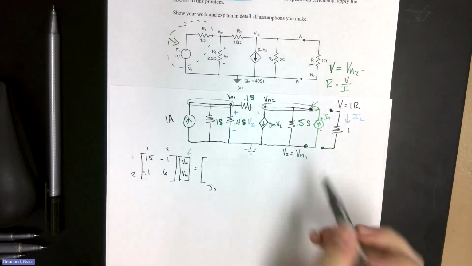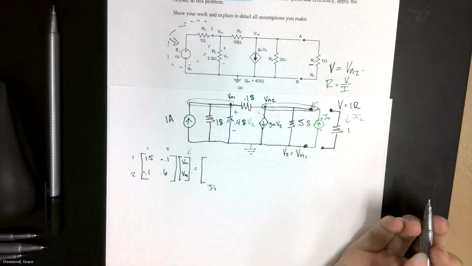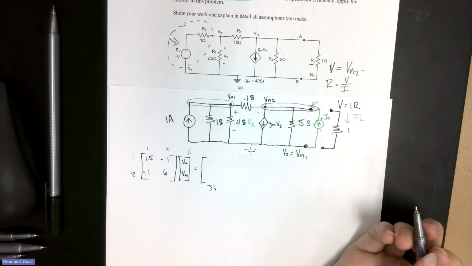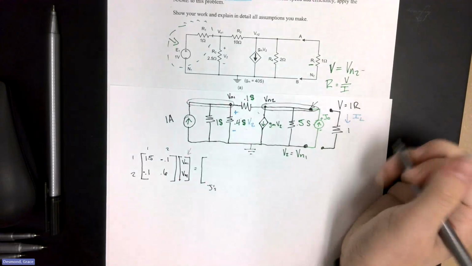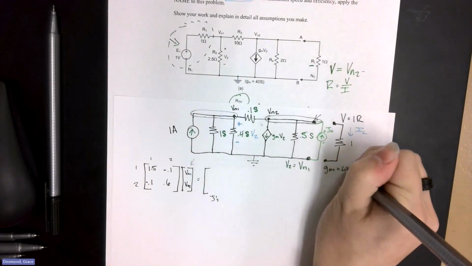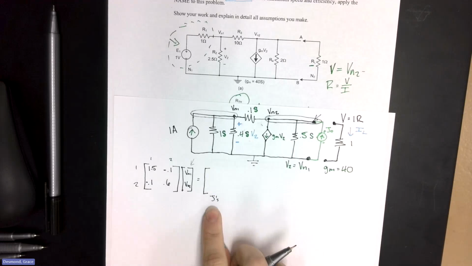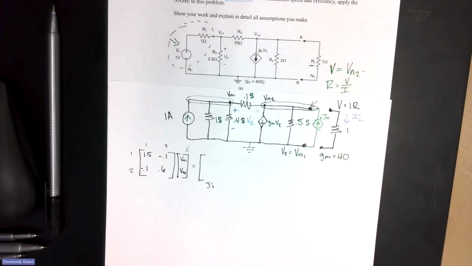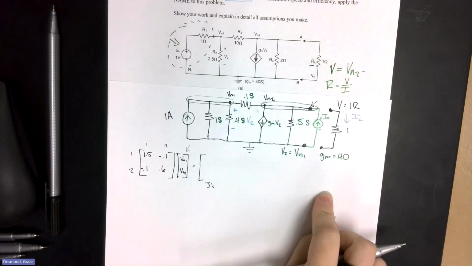Definitely write out your equations. Say stuff like this. And then GM is equal to 40. Where GM is 40. So we can do it symbolically still.